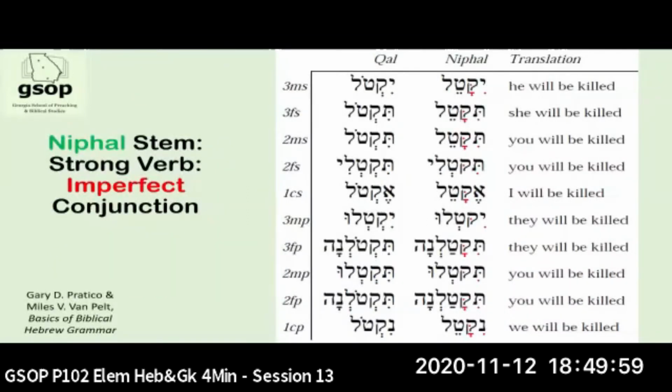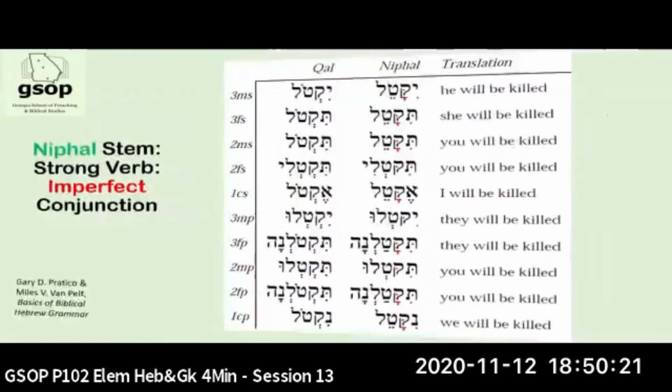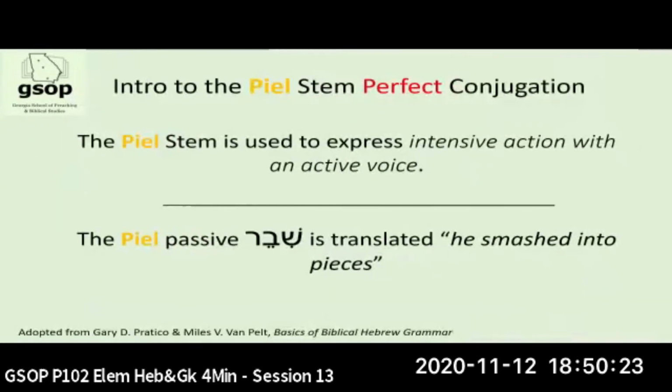And so we looked at it last week, and from the call to the nifal, you see it's the same pattern for the nifal. All the nifals take either the yod hirik or the tav hirik, except of course for the first common singular and plural. And then it uses the same suffixes as the imperfect does in the call, so it's the same pattern. Yeah, I know you don't memorize those.